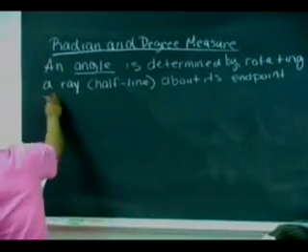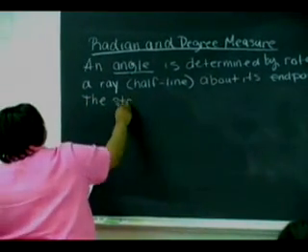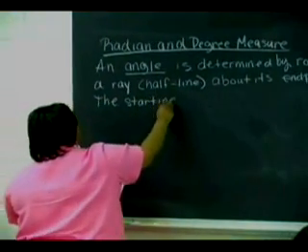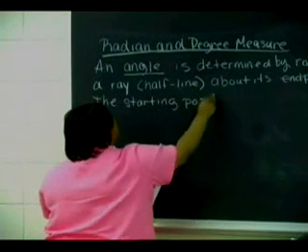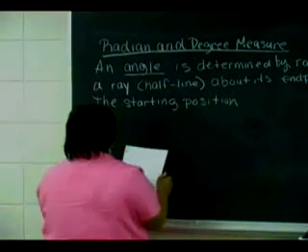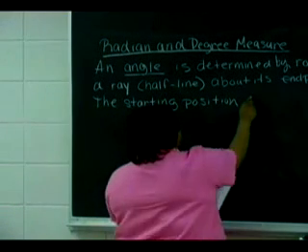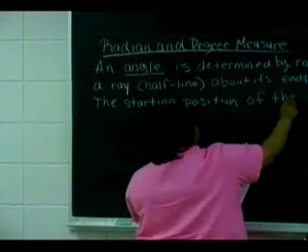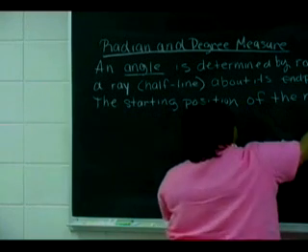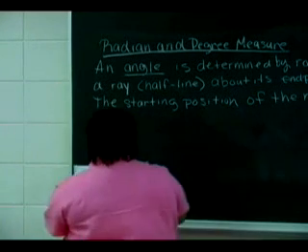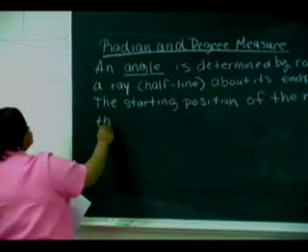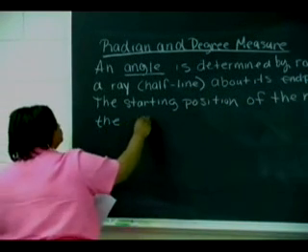The starting position of the ray is called the initial side.